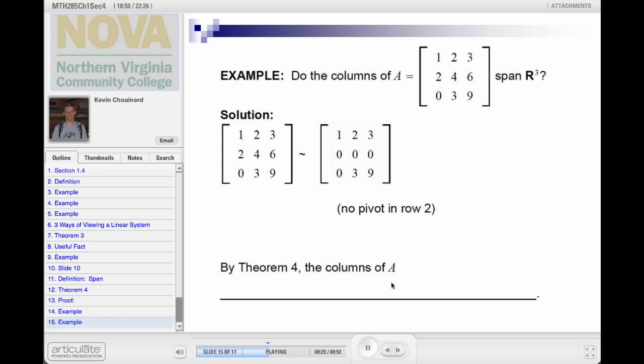So start our row reduction process here. Subtract 2 times the first row from the second row and get a new second row that's all zeros. And at that point, once you've got all zeros, you're going to have a row without a pivot. And if you have a row without a pivot, then your system is not consistent. And if your system is not consistent, then the columns don't span R3.